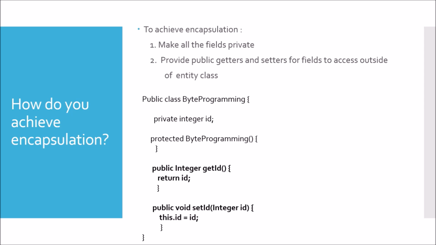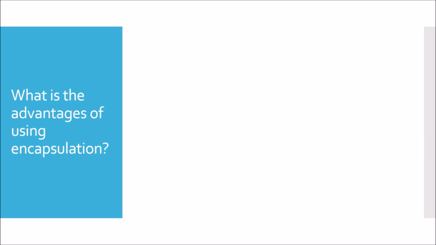Moving to the next question. What are the advantages of using encapsulation? First, binding of data with business code is done at a single place. Second, restricted field access: using getters and setters only, you can access those fields outside of the class.